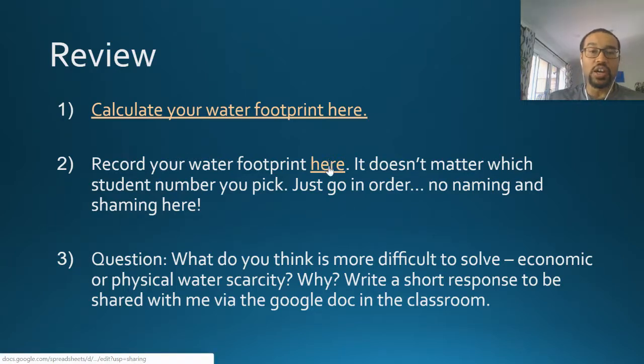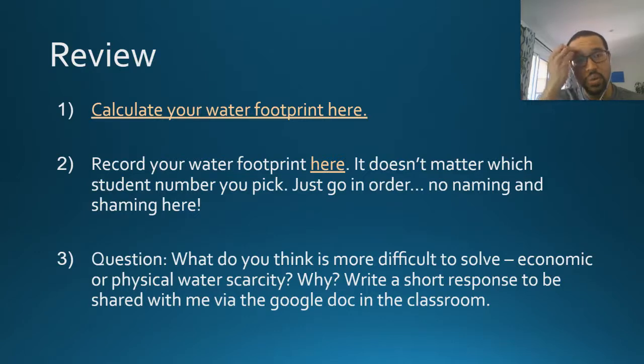I then want you to click on this part right here. It just sends you to a spreadsheet, and I want you to put your number down. So what was the number that you got for your water footprint? You don't have to put a name to it. I just have a number, students 1 through to 27 or something like that, so just go in order. If you're the fourth person to do it, next to number 4, put your number in, and then we'll calculate an average to see how we stack up versus other places around the world.